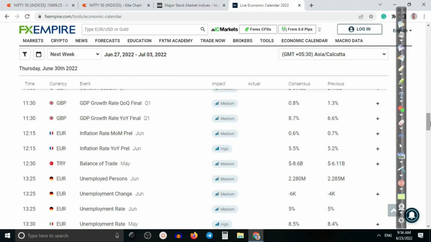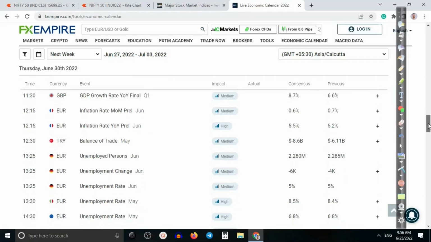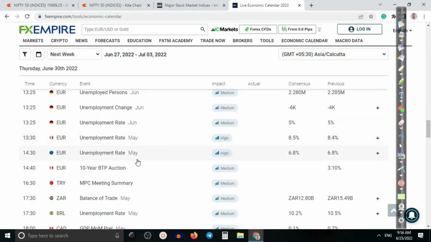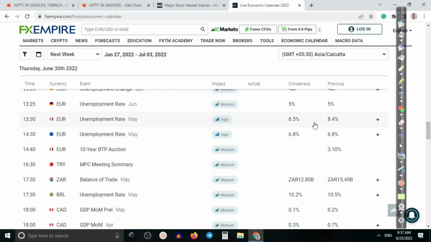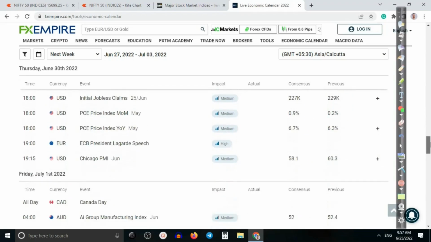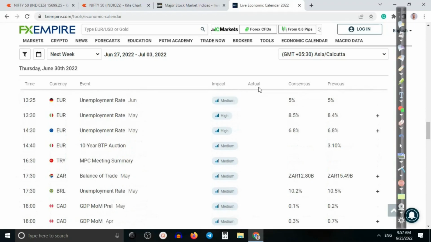So the market may shoot up or shoot down, but the market will be too volatile again. Some data, European unemployment data, is going to be released, but I expect it will increase. So I hope that for 2 to 3 days price may go higher, and after that it will again give a correction. So let's see later what happens.